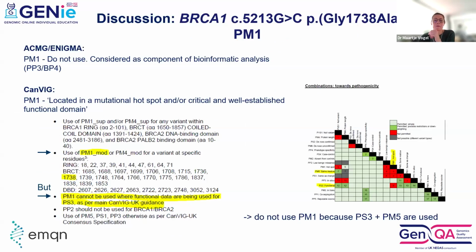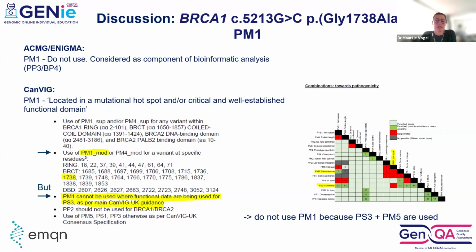And then PM1. So when you use the ENIGMA guideline, PM1 is not used. PM1 is considered as a component of the bioinformatic analysis. And when you use the CAMFIG guideline, you at first might think that you can use PM1.